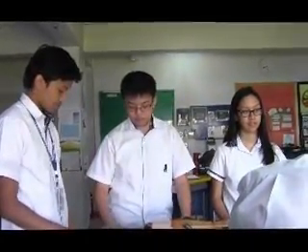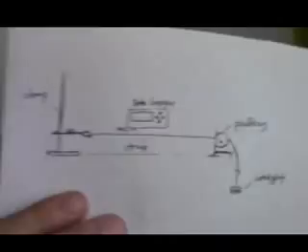Okay, so our question is how tension affects the frequency of the string. Our independent variable would be the tension of the string. We're going to use a weight so we can measure the tension of the string. Then our dependent variable would be the frequency, and we're going to control the length of the string, the type of string we're using, the cross-sectional area, and the density of the string.